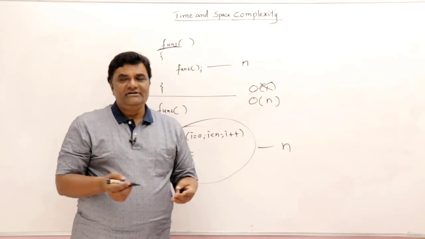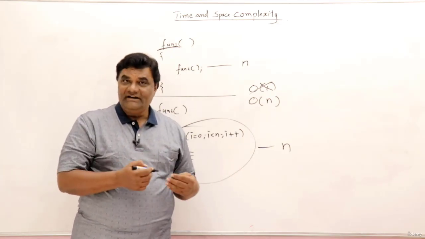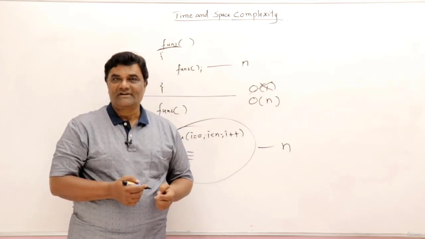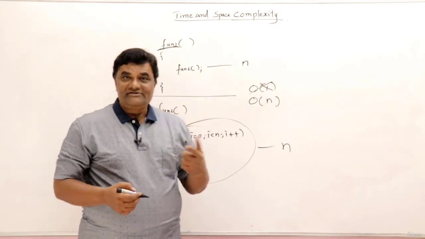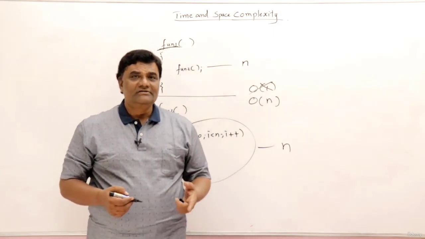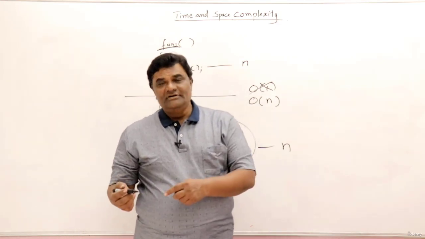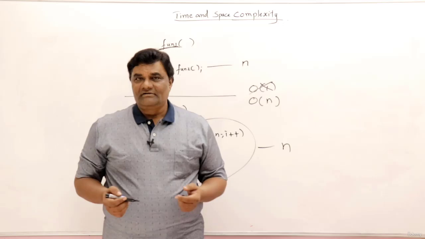If there are simple statements, you can directly write down the time as 1. If it is complex, then see what it is doing, then based on that you can write down the time. So mostly loops are making the time n or n square or maybe n cube. So mostly it depends on the loops that you are using. For loop or while loop, they both are similar.